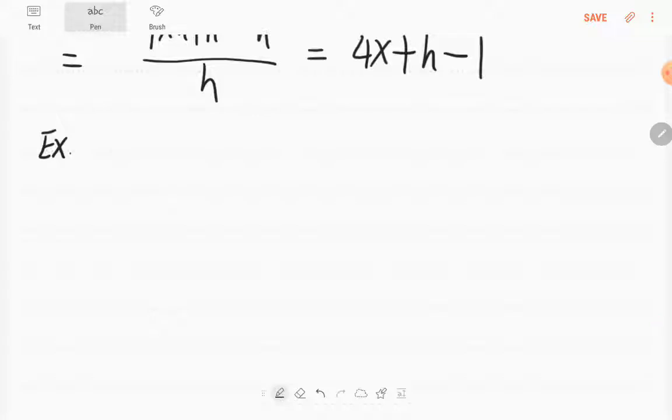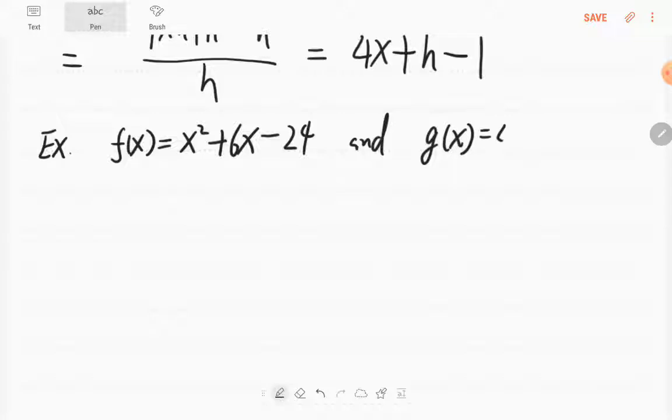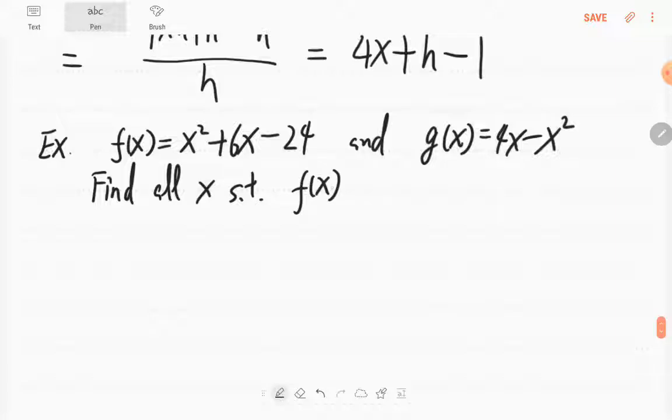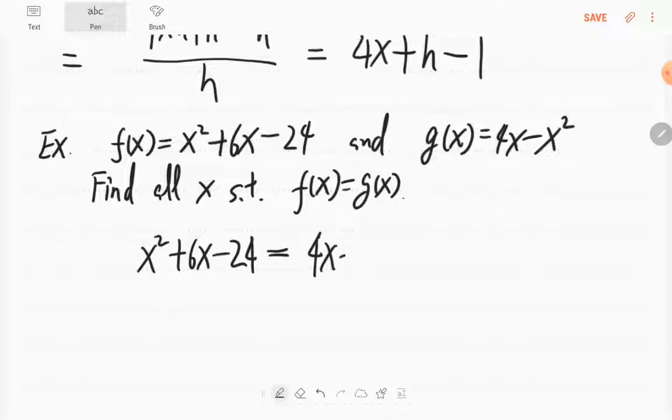Another example, if f of x is x squared plus 6x minus 24 and g of x is equal to 4x minus x squared, find x such that f of x equals g of x. So we just write down f of x, x squared plus 6x minus 24, equals g of x. g of x is 4x minus x squared.